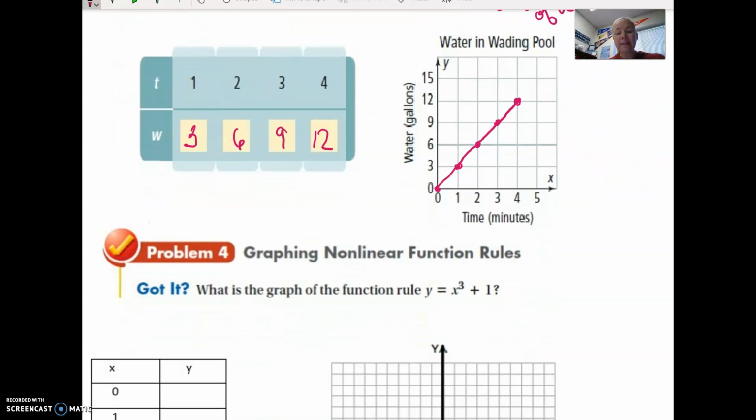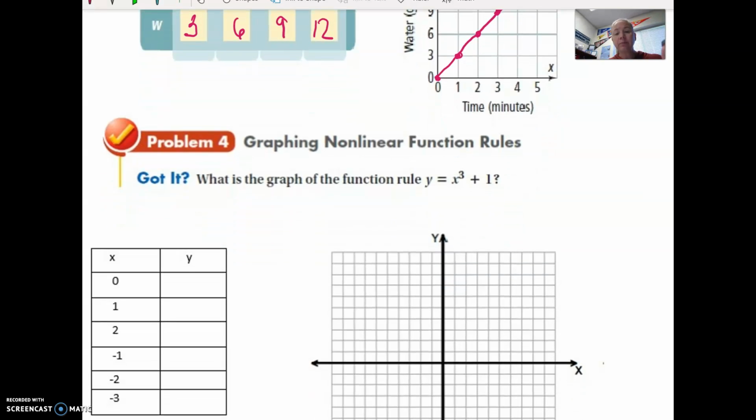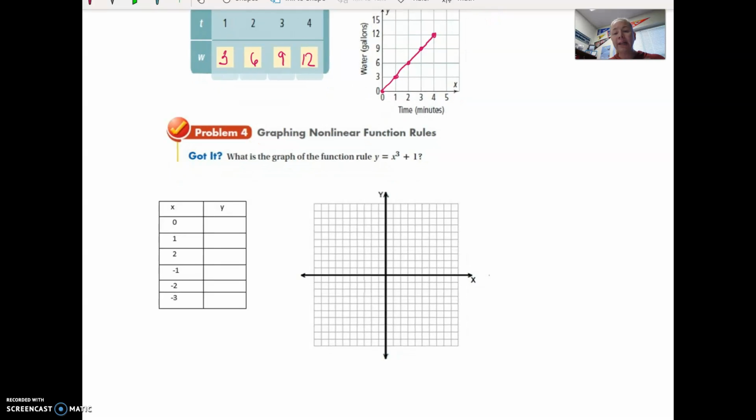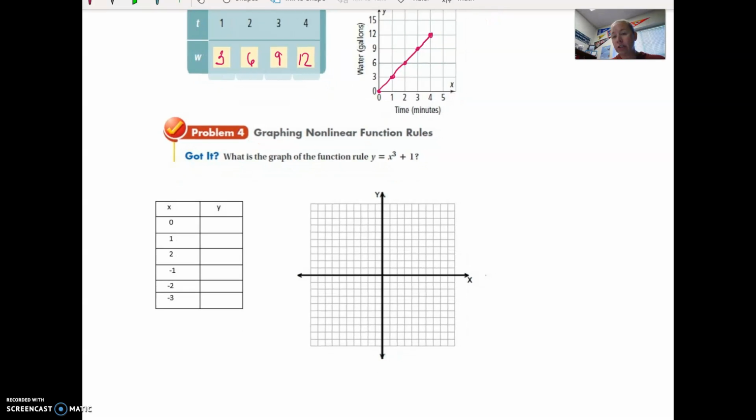Now we have our last example here. In this last example, we are graphing nonlinear functions. So in this rule, it's asking, what is the graph of this function rule? Notice we have an exponent. So that's going to kind of change the shape of our graph a little bit here.